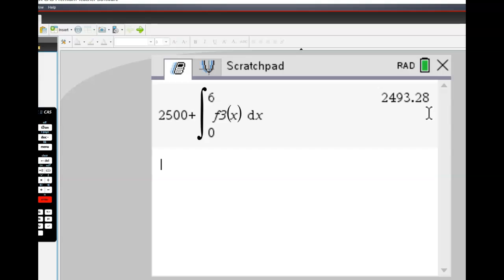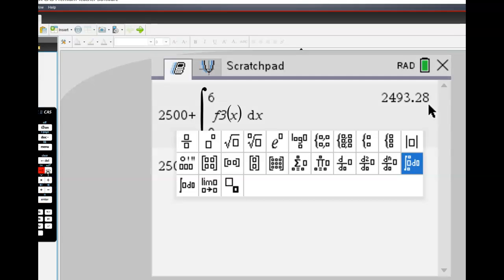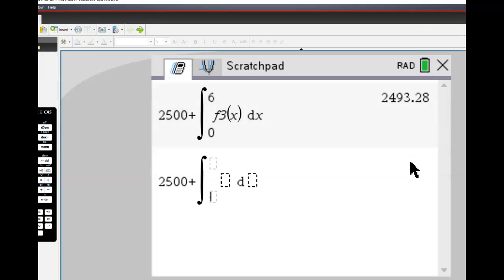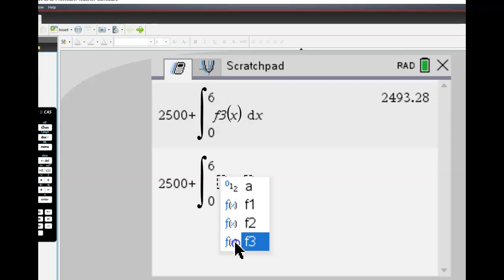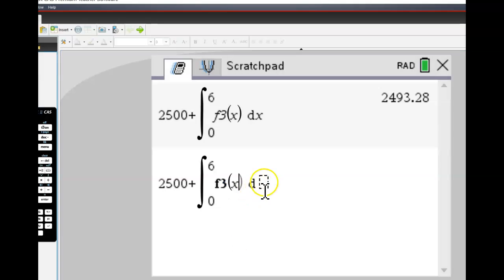So again, back to my calculator, it's going to be 2,500 plus the definite integral from 0 to 6 of function 3 dx, and that works out to be 2493, oh, I went the wrong thing. Sorry, I got to do that again.